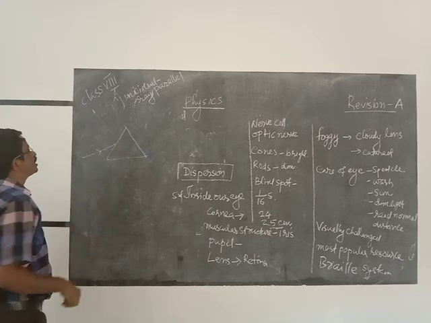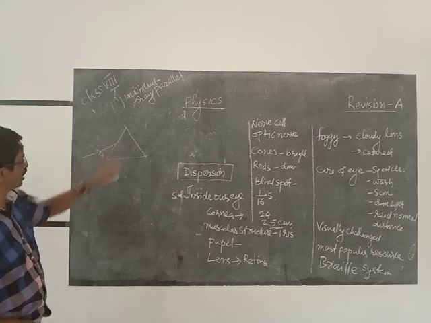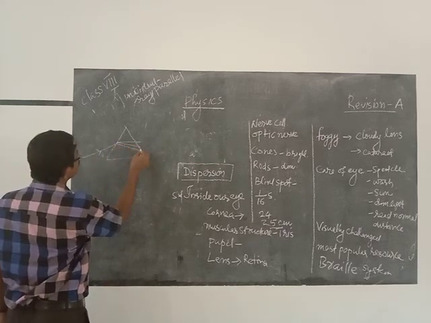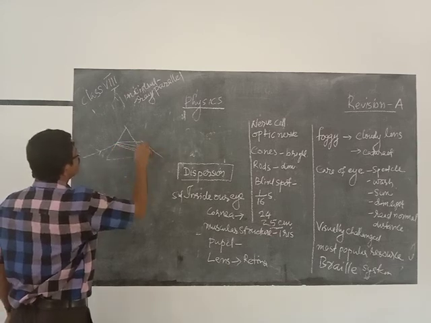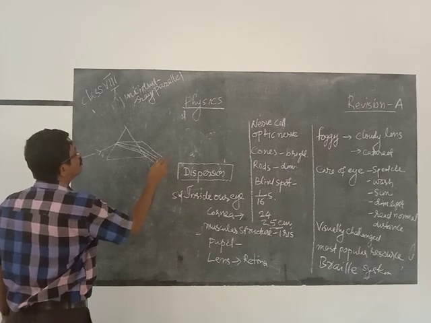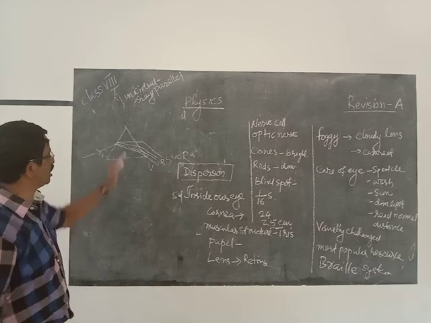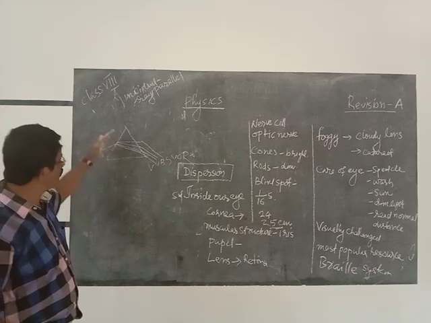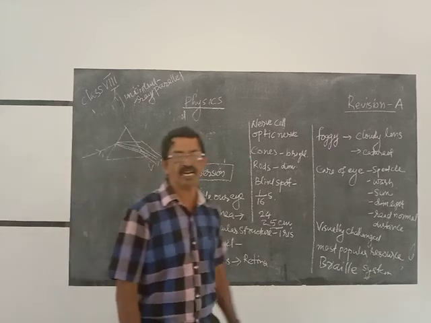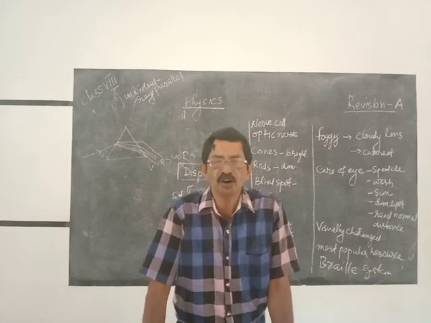Here is only one light ray. But when this ray passes through the prism, we get a pattern of colors. That means in this manner, we get different colors: violet, indigo, blue, green, yellow, orange, red. That means white light splits into different colors, and this phenomenon is called dispersion of light.